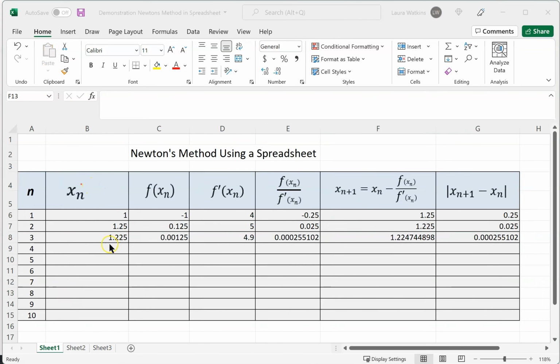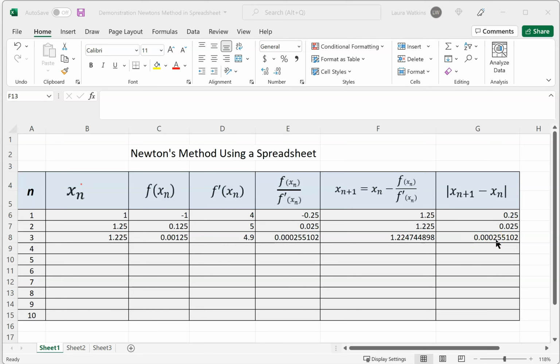And what we see here is that we've gone from an approximation of 1.225 to an approximation of 1.2247, 44, and so forth. And notice the difference between those two successive approximations is getting smaller. We are now nearly within the level of accuracy we were seeking.